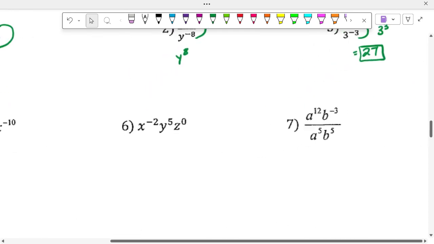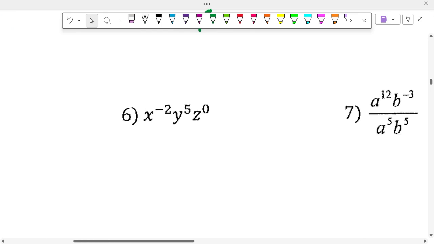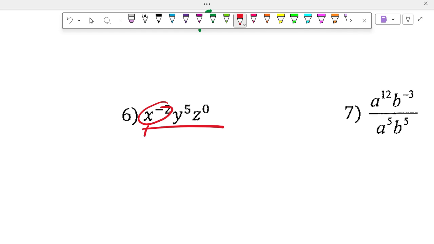All right, let's try number 6. So right off the bat, what's one thing that I can just go ahead and do? So you can move the x to the negative 2 to the denominator, and it becomes what? Y to the 5th, z to the 0, over x squared.